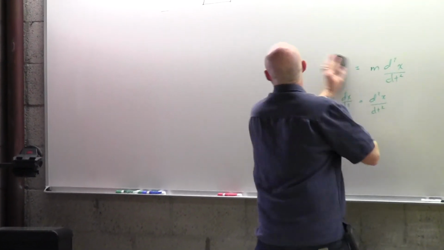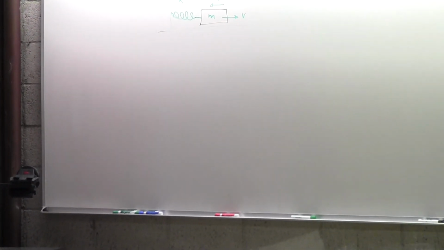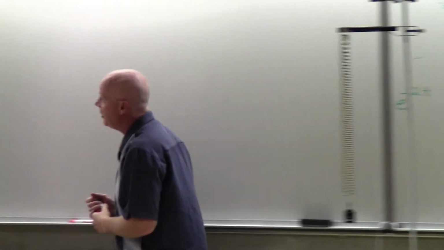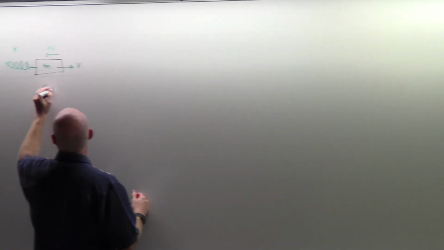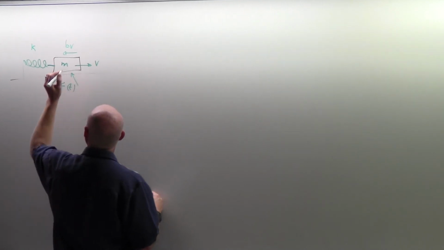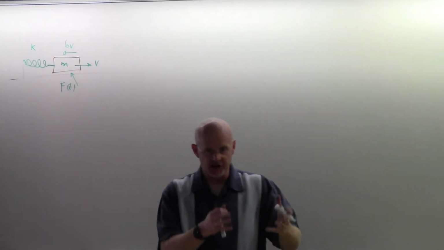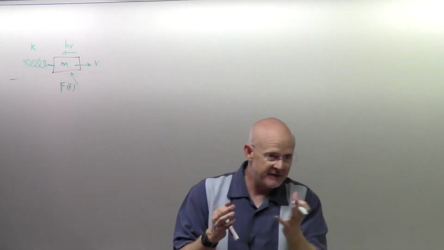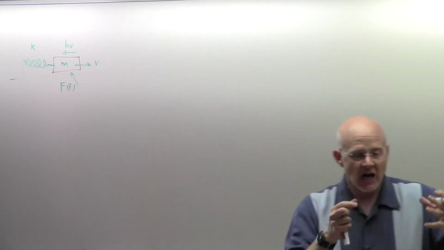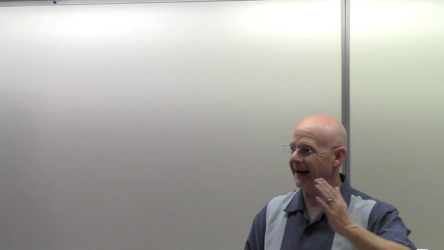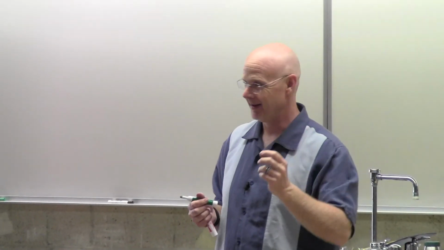All right, well, let's add one more feature to this. And that last feature would be, all right, what if in addition to having the spring, in addition to having the resistance, this object is being pushed and pulled by an external force.